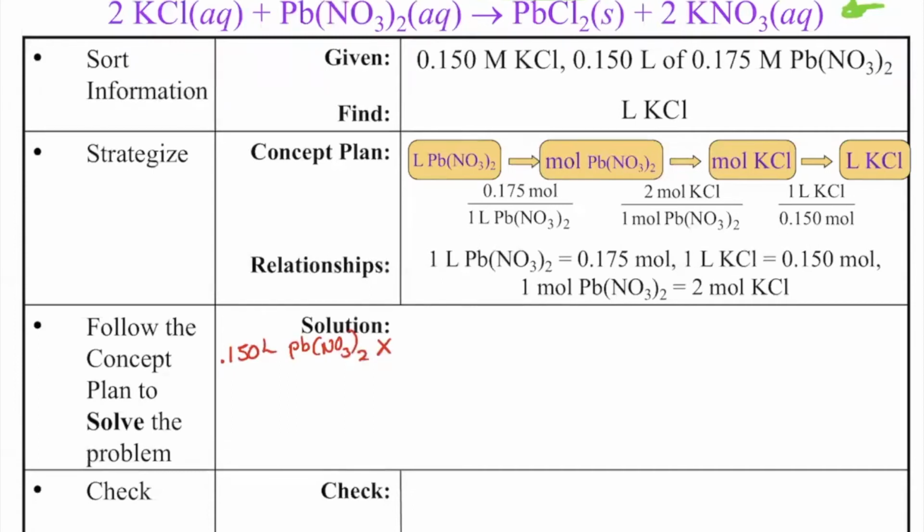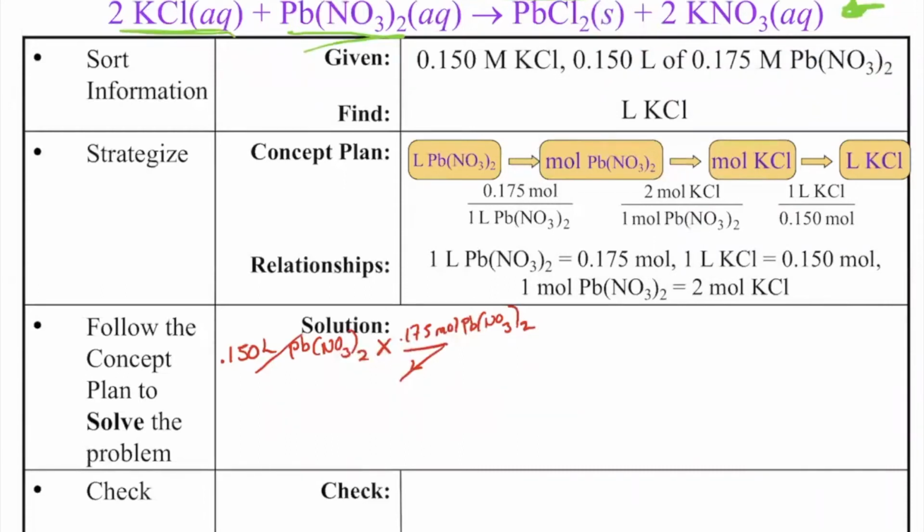You want to use the one where liters end up at the bottom, 0.175 moles of lead. So notice here, now you have moles of lead, but you are seeking potassium chloride. So from here, you're going to use the balanced equation to make a relationship between lead and potassium chloride.